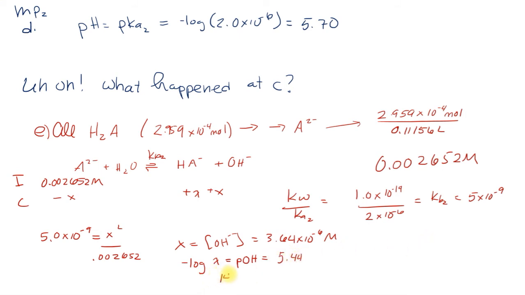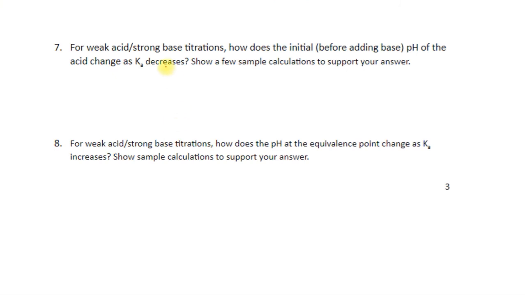And then of course we go 14 minus that to get to pH. It's 8.56. Okay, so that makes sense, right? We went from D, 5.70. We should be a little bit basic because now we are at the neutralization point of a weak acid, right? So far so good.